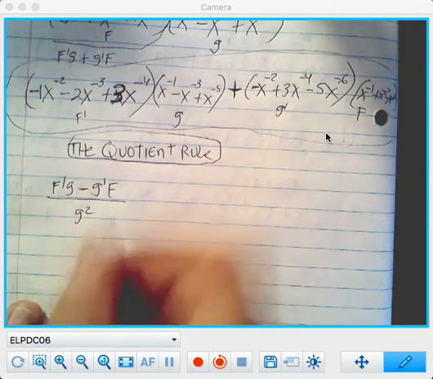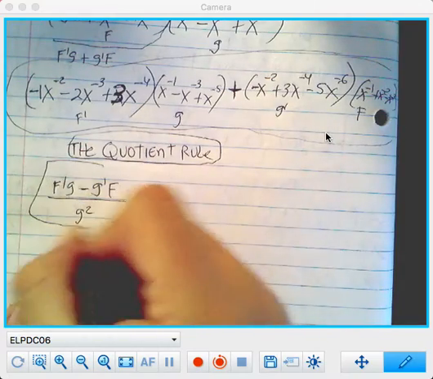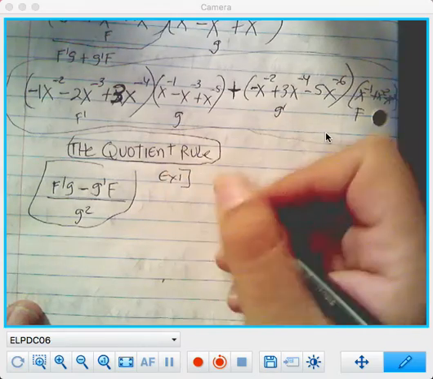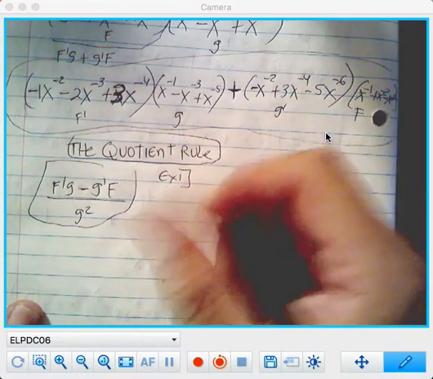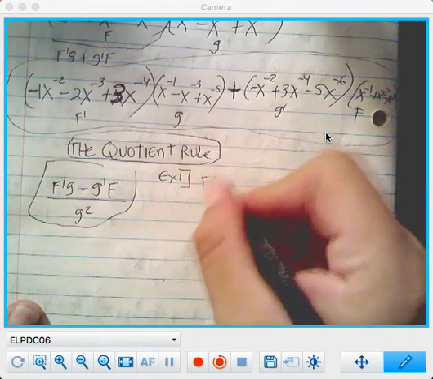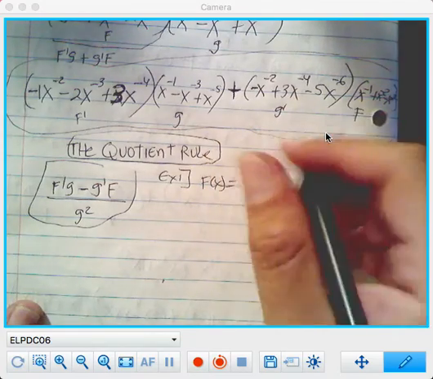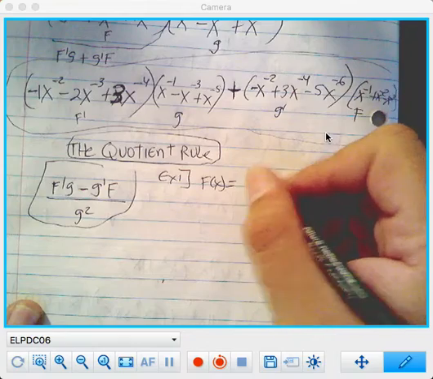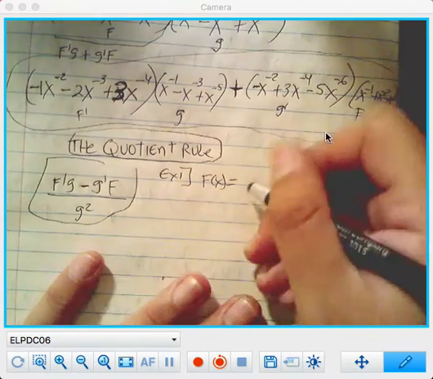Okay, so this is the quotient rule right here. Let's do example 1. So example 1, I have f of x equals, let me do a simple one for the beginning.